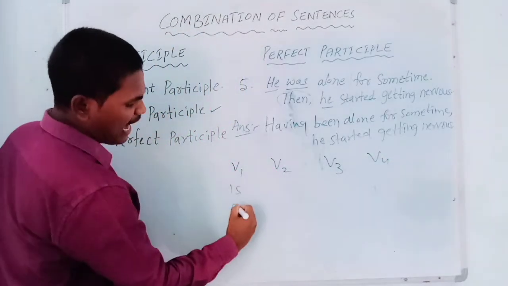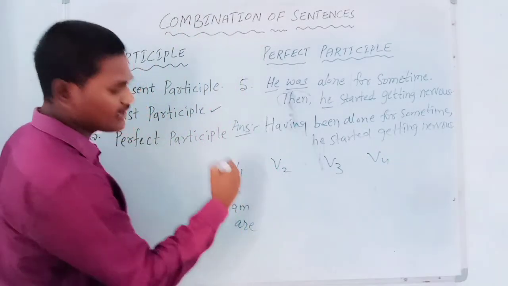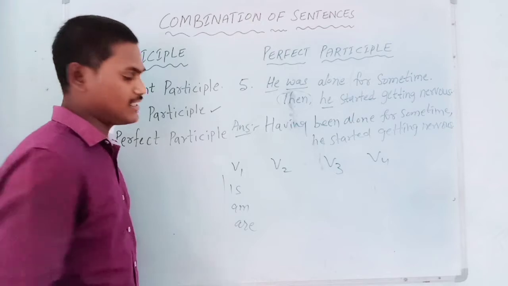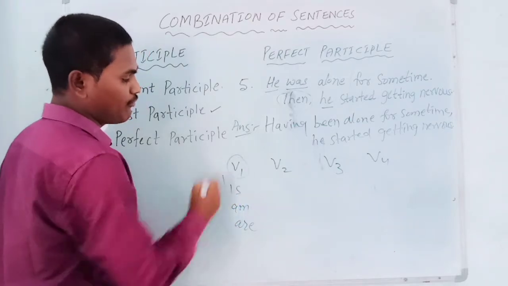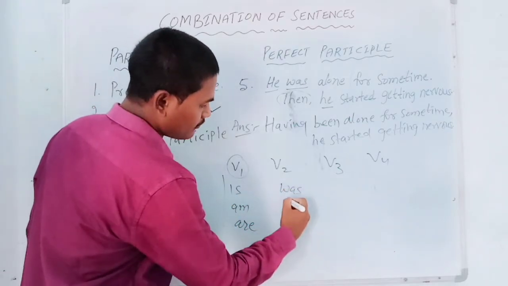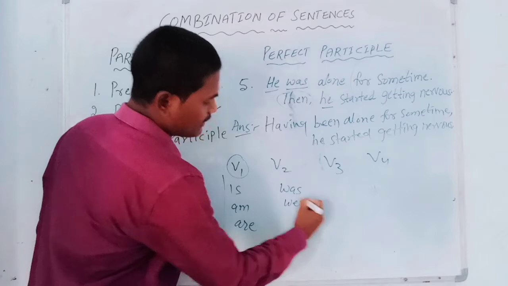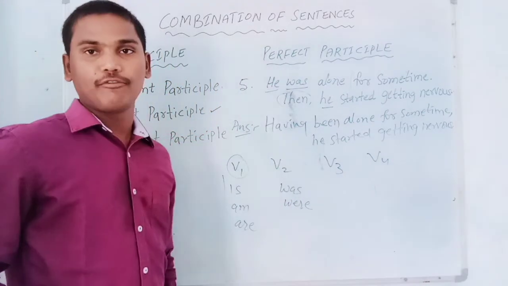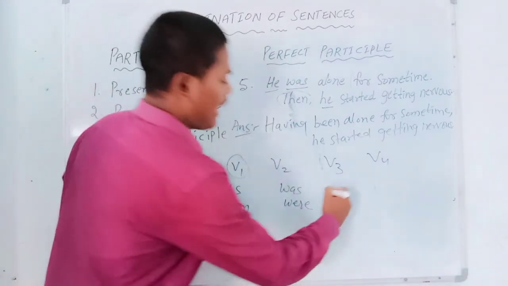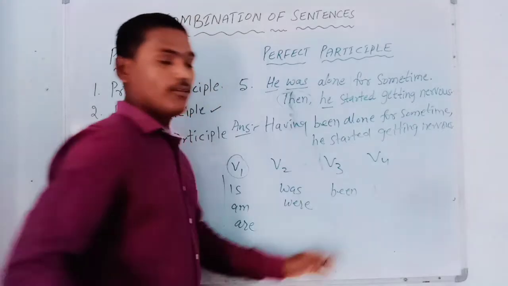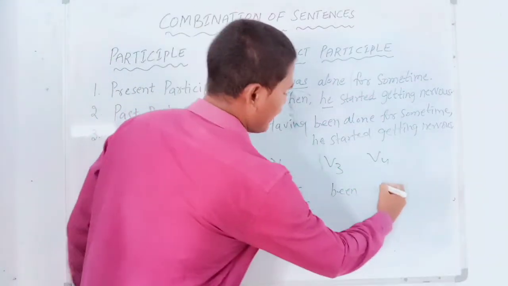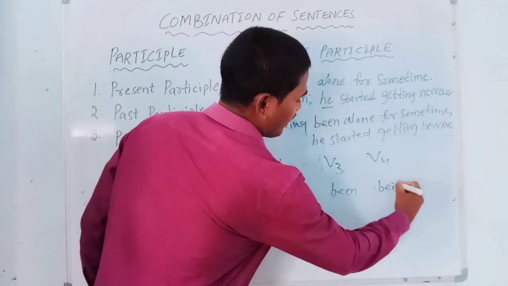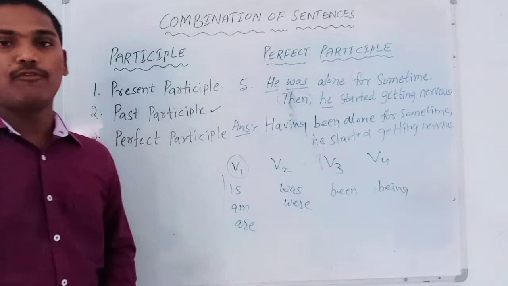So is, am, are, these three helping verbs, whatever comes in a sentence, we consider as V1 verb forms. And was, were, we consider as V2 verb forms. Been is the V3 verb form. And being is the V4 verb form.